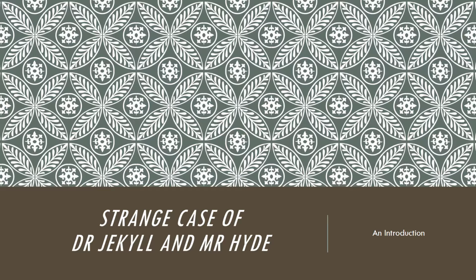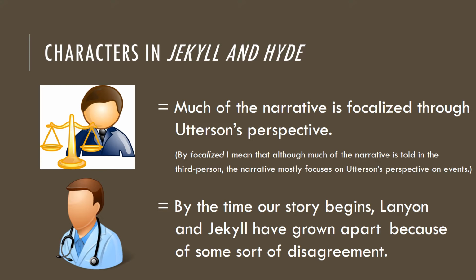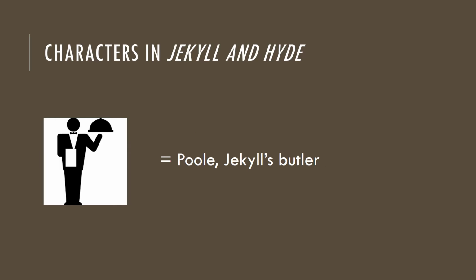Utterson spends much of his time trying to figure out who Edward Hyde is and how he and Jekyll are connected. Although Dr. Lanyon, Dr. Jekyll, and Utterson are old friends, by the time our story begins, Lanyon and Jekyll have grown apart because of some sort of disagreement. As the story progresses, you will also meet some of Jekyll's servants, including his butler, Poole.